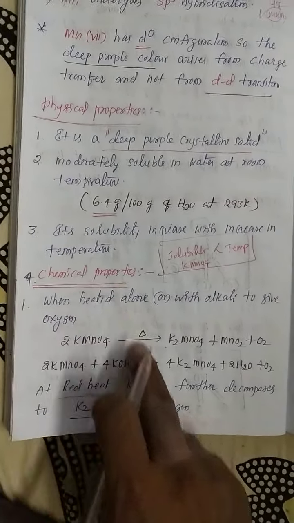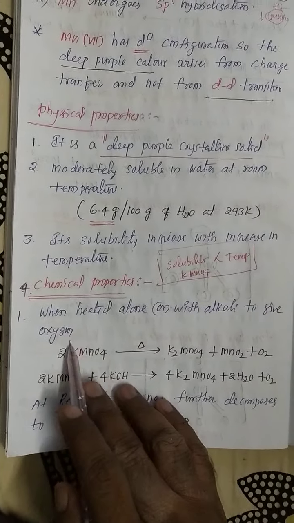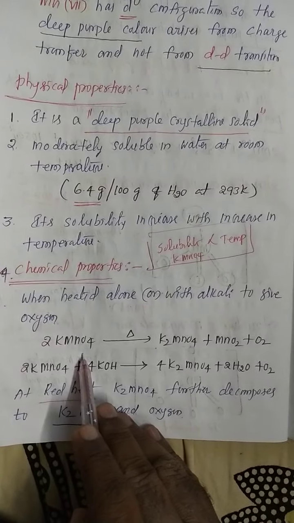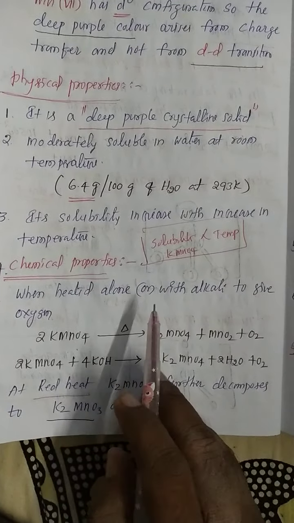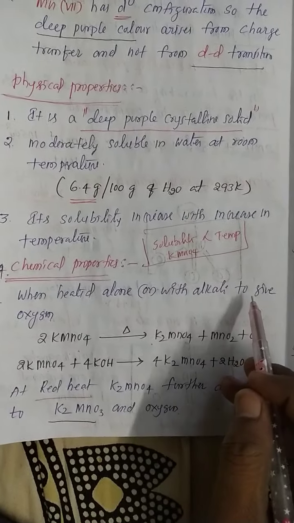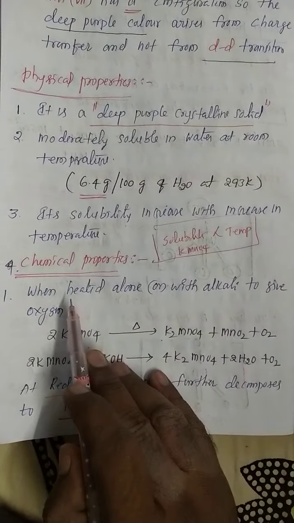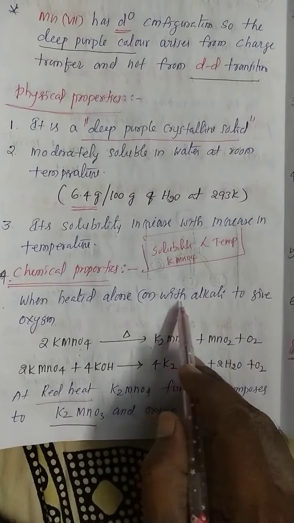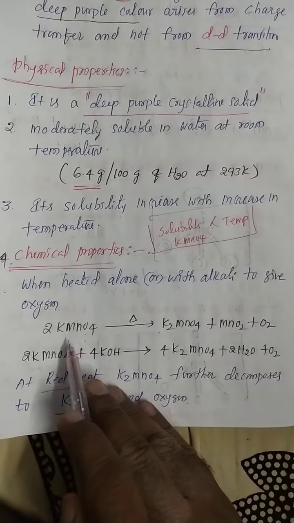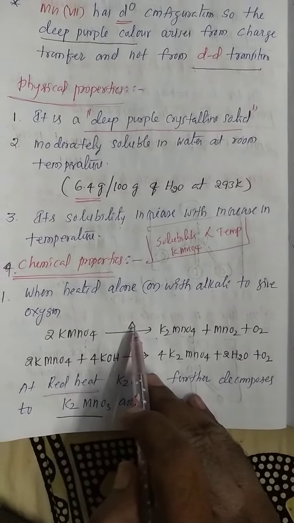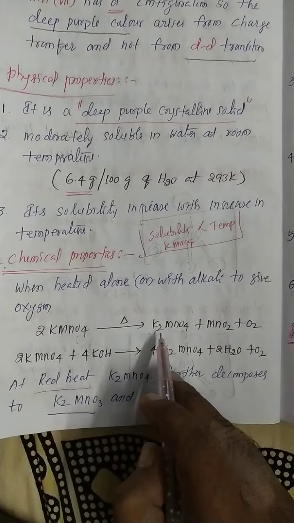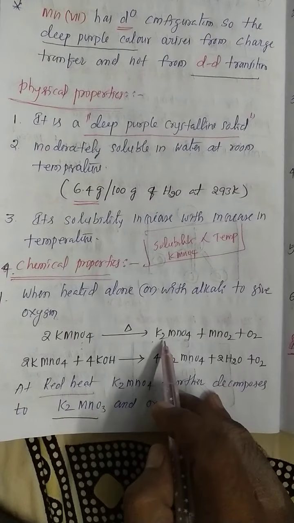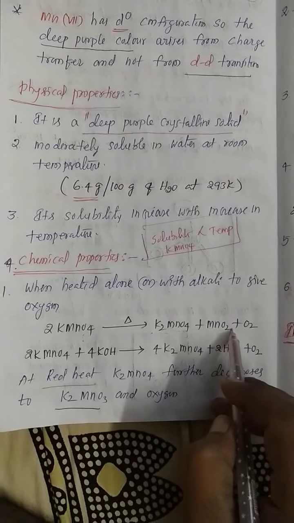Next one is the chemical properties of potassium permanganate. First of all, when potassium permanganate is heated alone or with alkali, it gives oxygen. On heating, potassium permanganate decomposes to K2MnO4, potassium manganate, plus MnO2 plus oxygen.